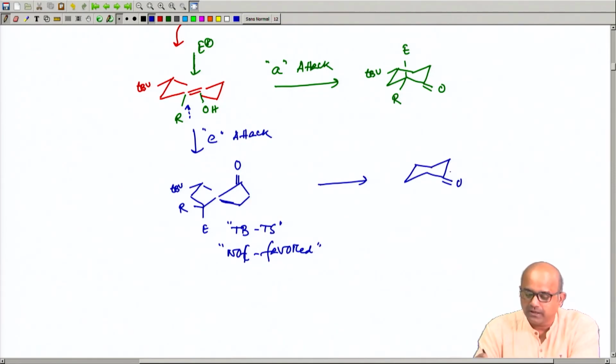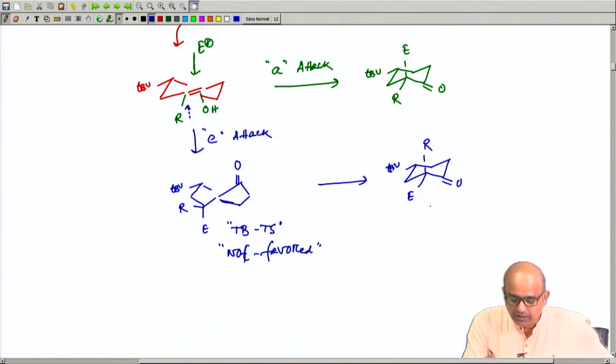The main product would have the tert-butyl and the electrophile cis, and you get this one as a major product. But usually, as this is not favored, this pathway won't operate, and if somehow you get this product, that should be a minor one, okay, and this will be the major product.